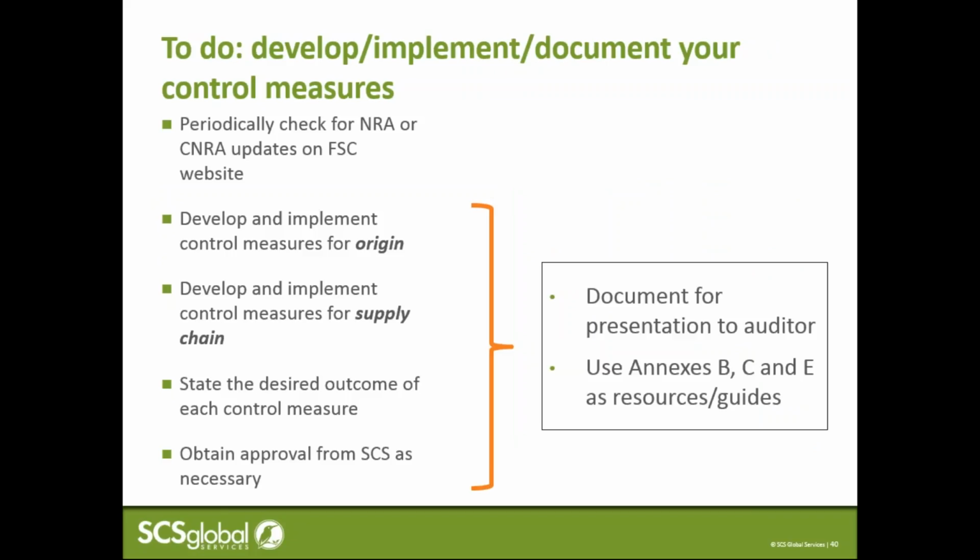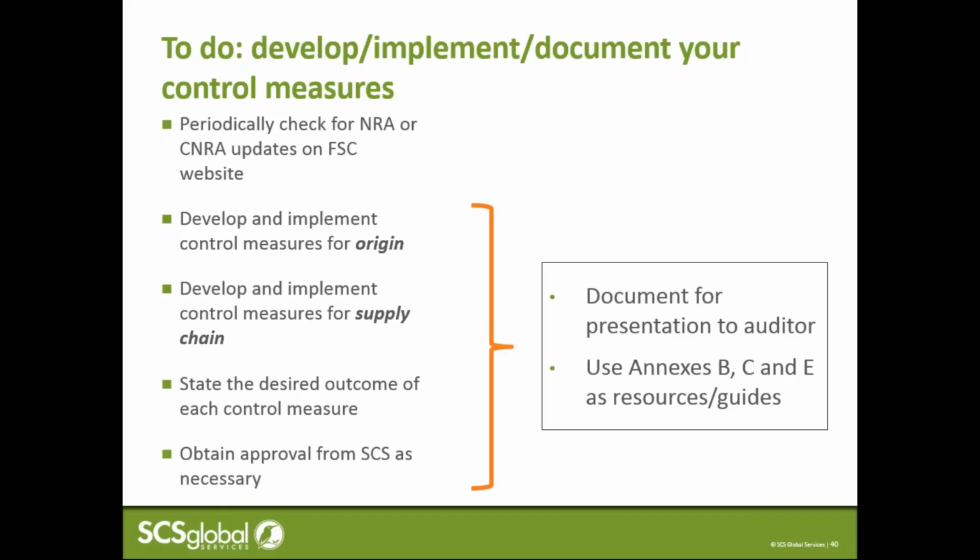To meet compliance with the standard then, you'll have to develop, implement, and document your control measures where necessary. We recommend that you periodically check for updates on the FSC risk assessment database so that you can be informed of any changes that will affect your DDS and consequently the corresponding control measures implemented at the origin level.